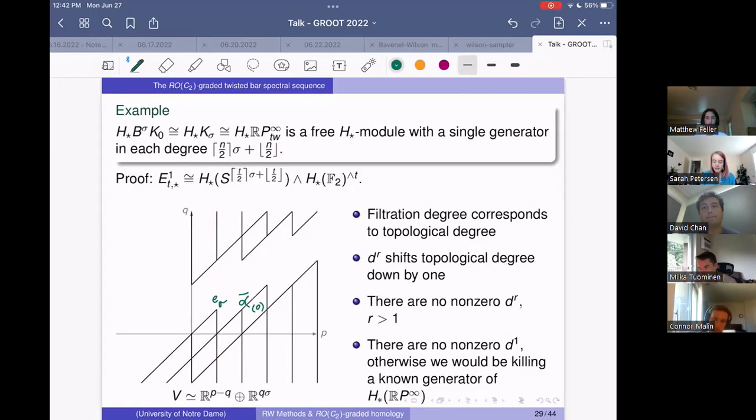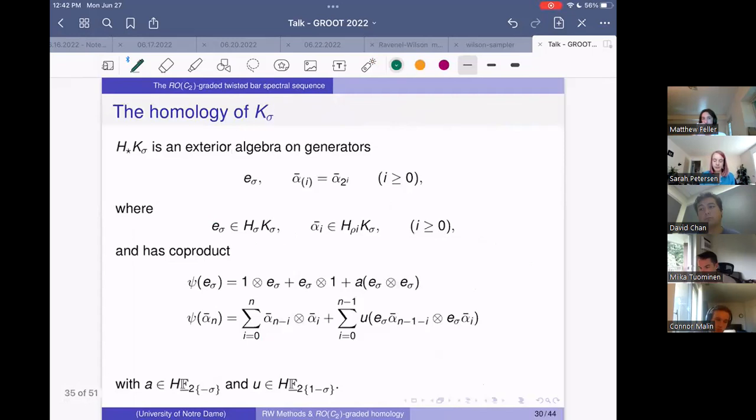I'm giving these sorts of names to remind us that in the non-equivariant setting, the generator in degree 2 was called alpha parentheses 0. And if we work a little bit harder, we can figure out the multiplicative structure on the homology of K sigma. It turns out to be exterior on these generators E sigma and alpha bar parentheses i, which live in degree 2^i rho.